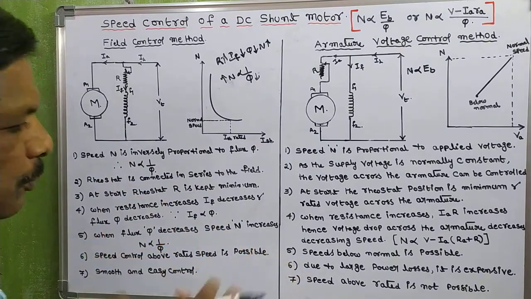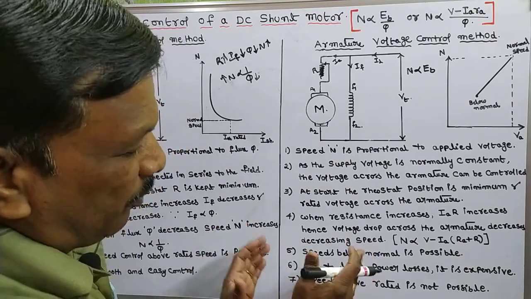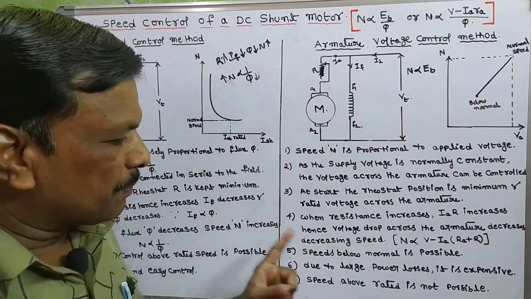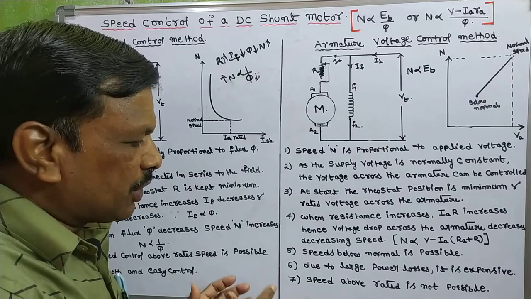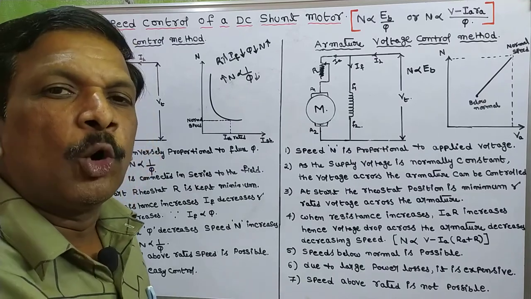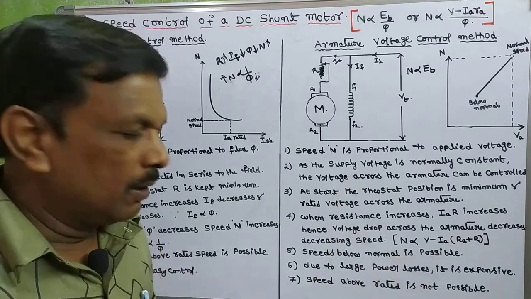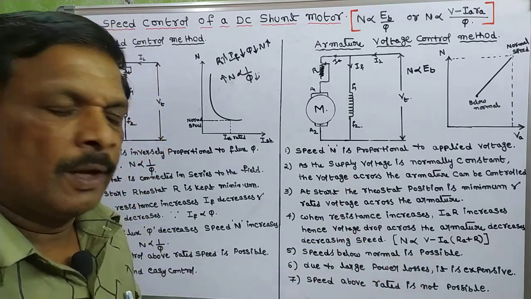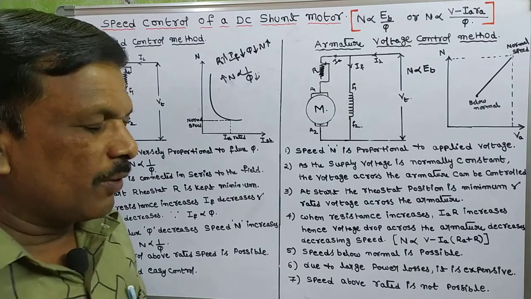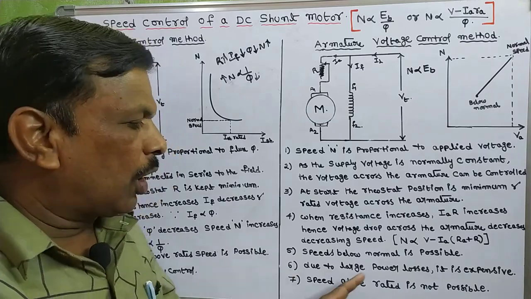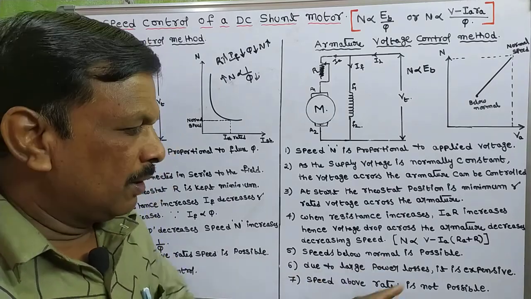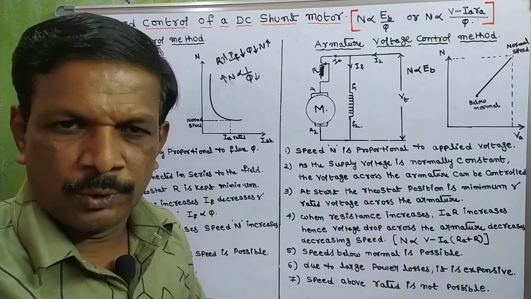Coming to advantages of the armature control method: we can change the speeds below normal. Speeds below normal are possible with this method. Coming to disadvantages, due to large power losses, it is expensive.